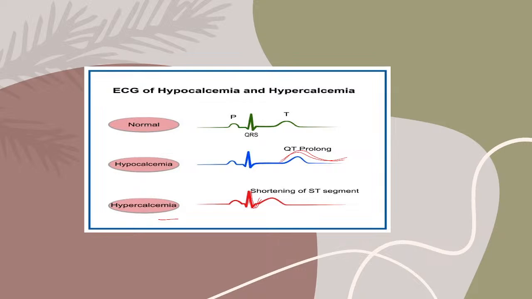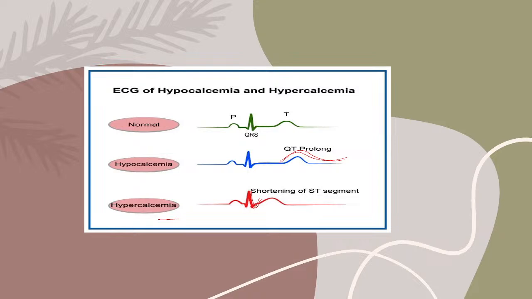And ECG changes in hypocalcemia: there would be prolonged QT interval, whereas if we talk about hypercalcemia, there would be shortening of ST segment, and the QT segment would also be shortened.